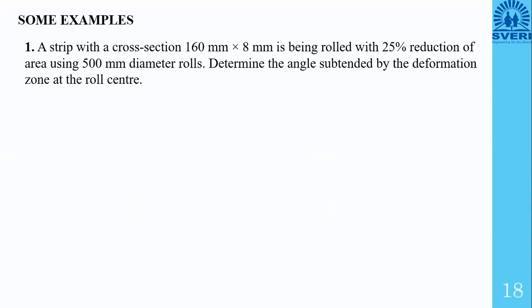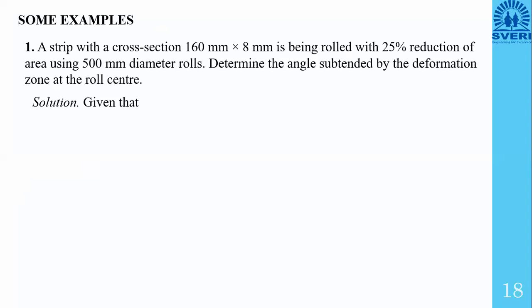So let's take some examples. These are such examples that can be asked in GATE. Okay, so what is the example? First example: a strip with cross section 160 mm into 8 mm is being rolled with 25% reduction of area using 500 mm diameter rolls.